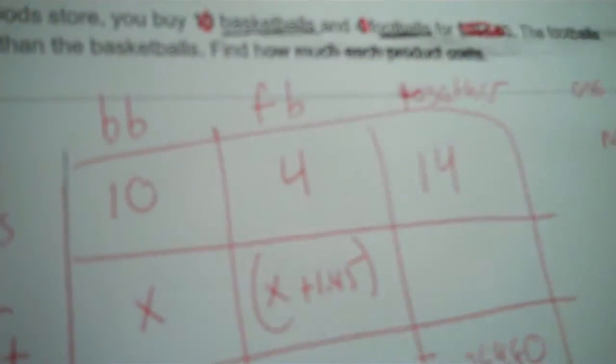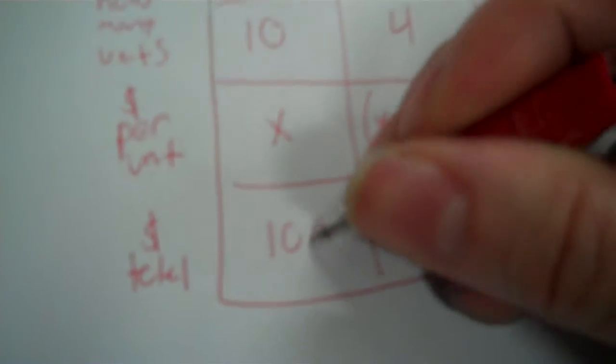Okay, so I find the product of 10 and X. And to find this product, we need to put the plus expression into parentheses. We take 4 times X plus 1.45. So 10 times X, 10X. That's simple enough.